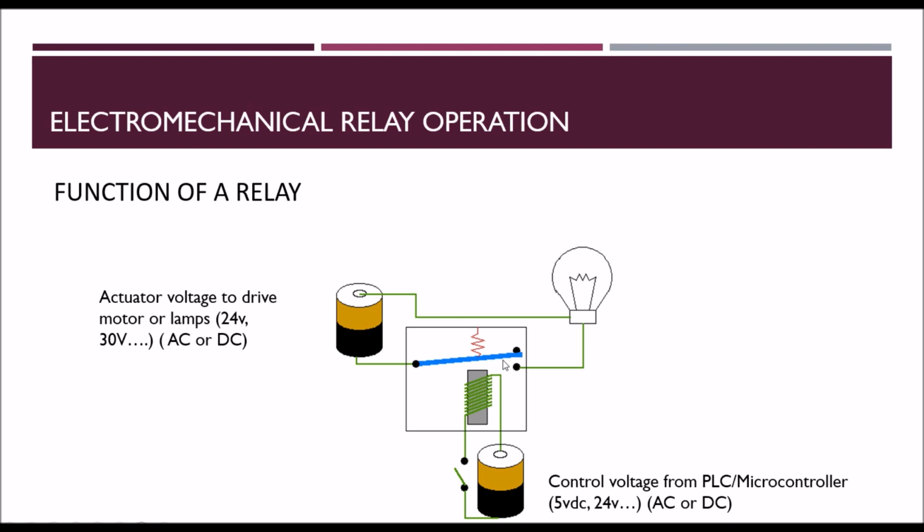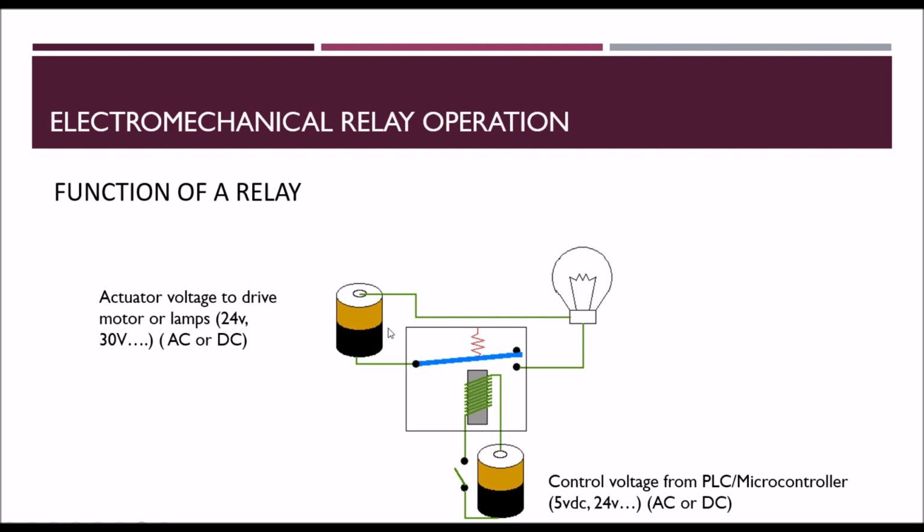Because of that, the contact is attracted towards the coil, and the second circuit is also closed. It means the bulb circuit will be closed, but the bulb circuit has a high voltage supply or high power circuit. In that case 24 volts, or you can take a 230 volts AC bulb.